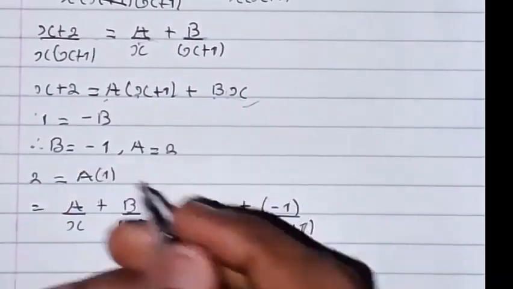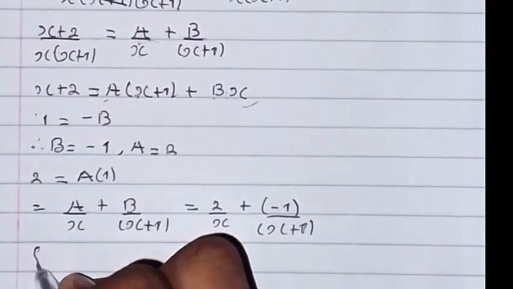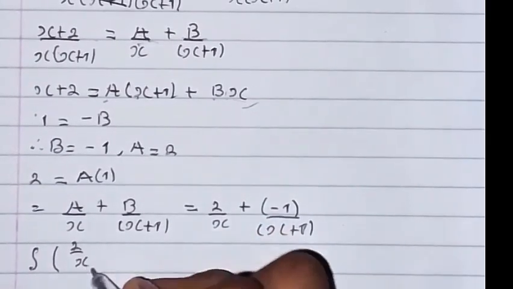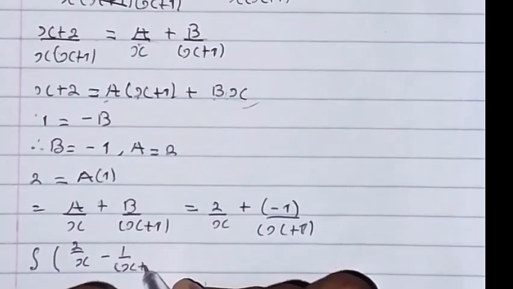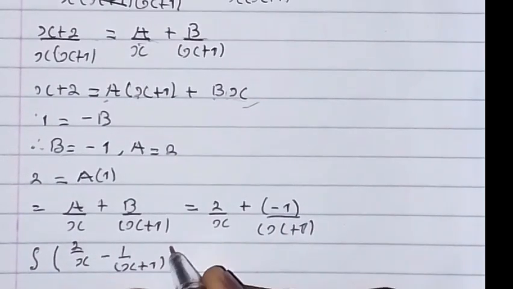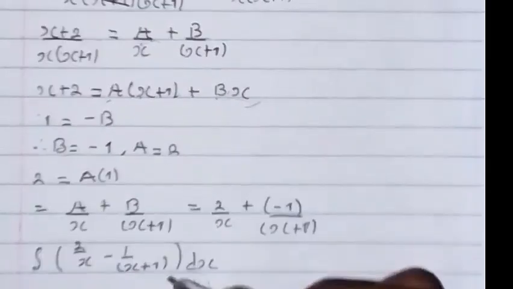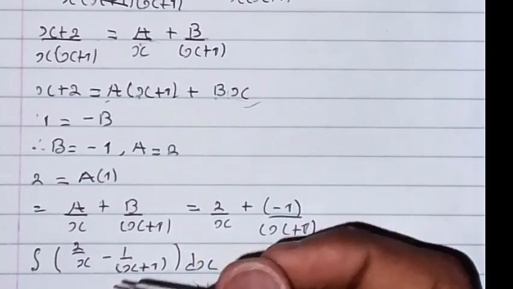So let's write out our new equation. We are now asked to find the antiderivative of 2 over x minus 1 over x plus 1, dx. So this is our simplified equation. Since this is simplified, we can now implement a new rule.